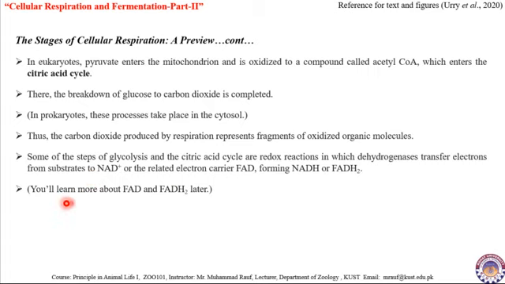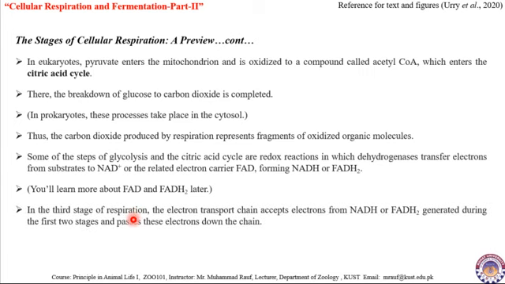You will learn about NADH and FADH2 during our lectures on glycolysis, Krebs cycle and electron transport chain. In the third stage of respiration, the electron transport chain accepts electrons from NADH or FADH2 generated during the first 2 stages and passes these electrons down the chain.